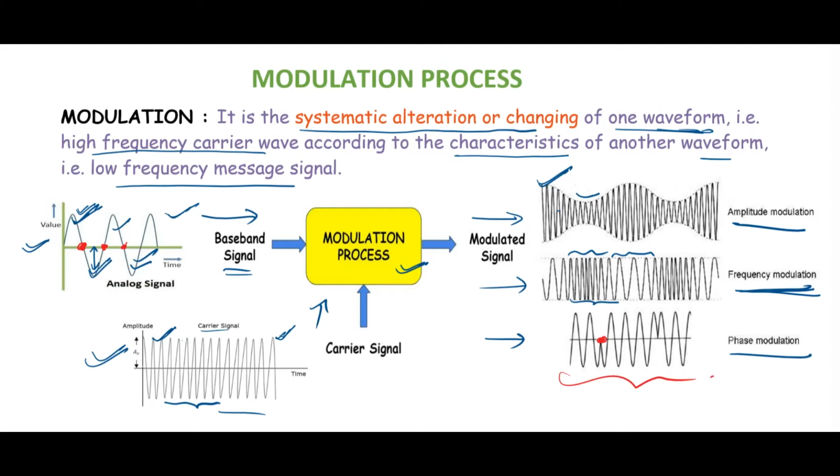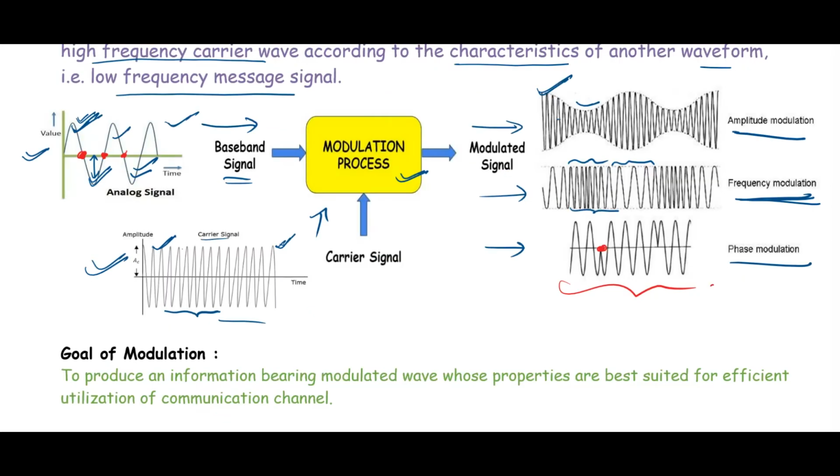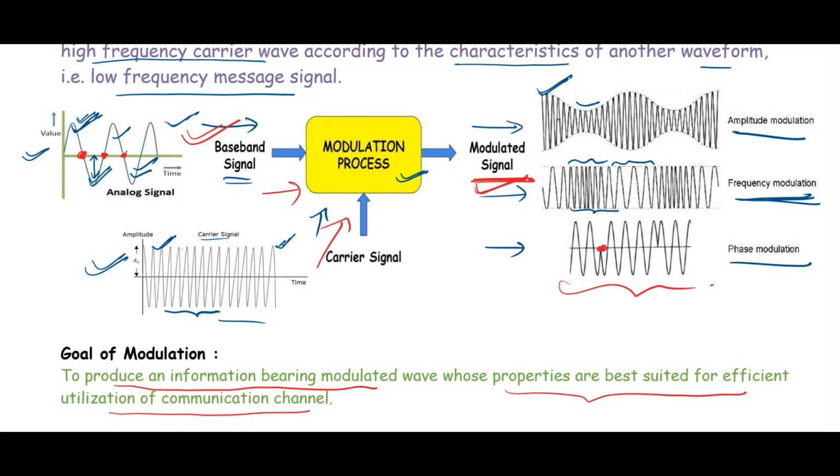Now, what is the goal of modulation? We have already seen why we need modulation, but the main goal in one line is to produce an information bearing modulated signal. This is your modulated signal, and this side we have the modulating signal. When these two get mixed, we'll get the modulated signal. We have to produce a modulated signal wave whose properties are best suited for efficient utilization of the communication channel.